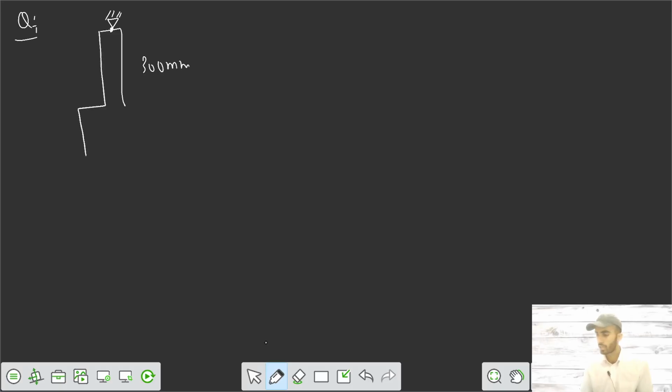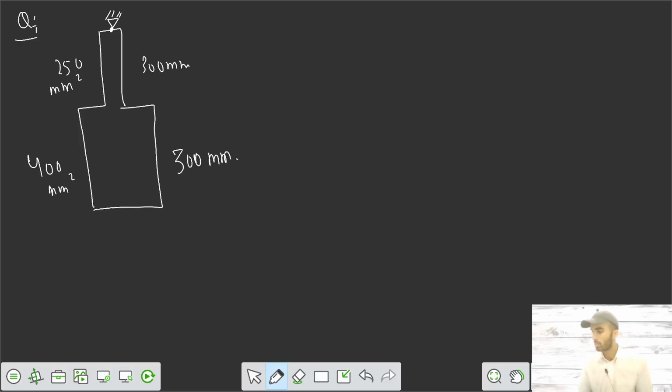Then its cross-sectional area increases from 250 mm square to 400 mm square, and the length of this part is also 300 mm. And the external forces are acting at a distance of 150 mm. At a distance of 150 mm, your external force is acting equal to 300 kilonewton.